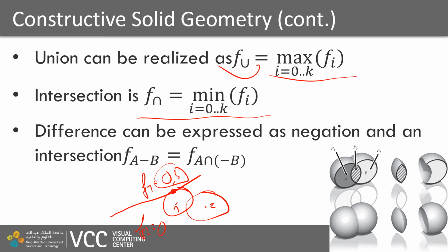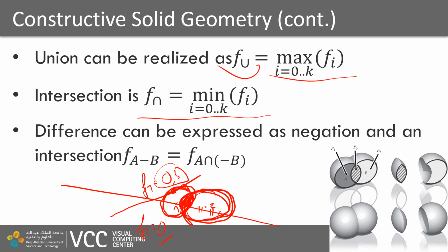If I am interested in intersection, the minimal value will be taken, which is 0, which means that I am not having any surface at this position, because I am looking for values which are 0.5. If I intersect with my ray along this way, then all these points will be equal to 0, because for one of these surfaces it is outside, and only when for both surfaces we are inside will we have the intersection, which is realized through this min operator.